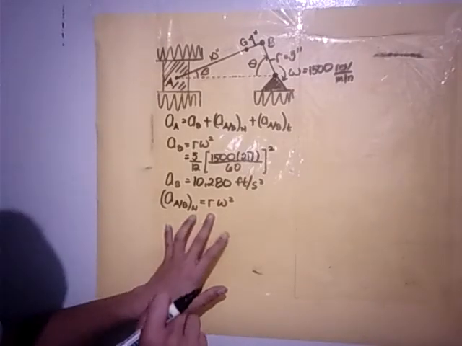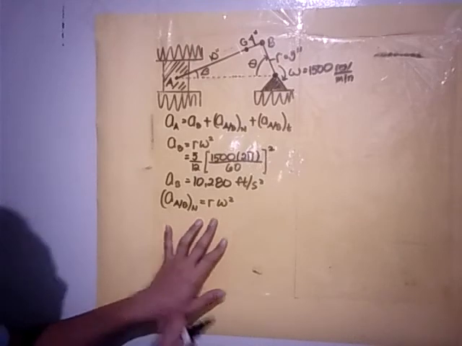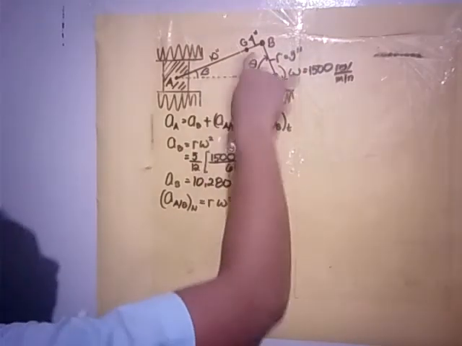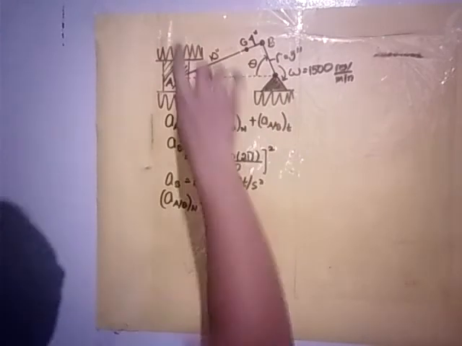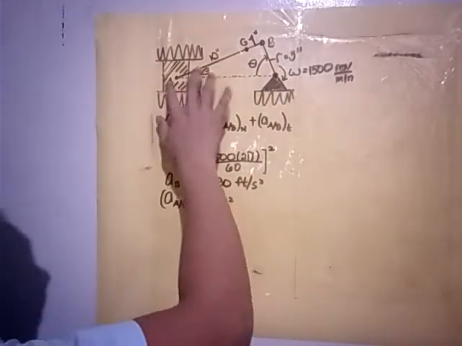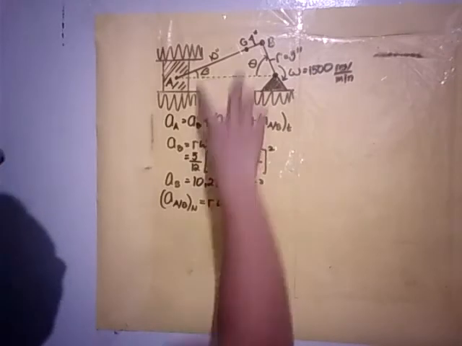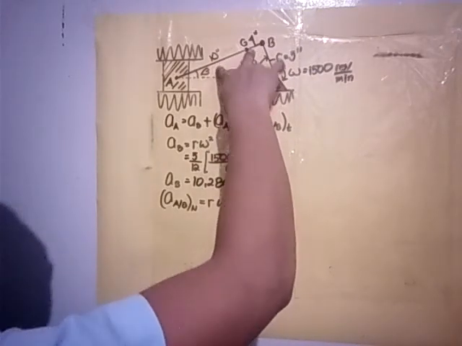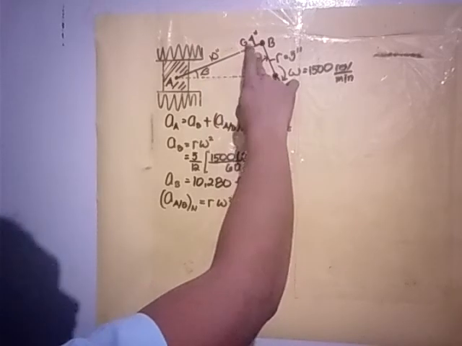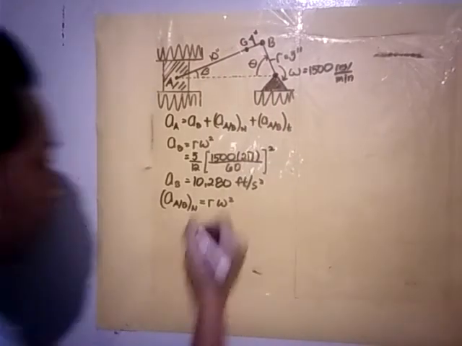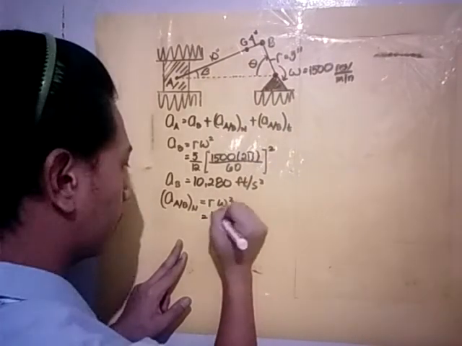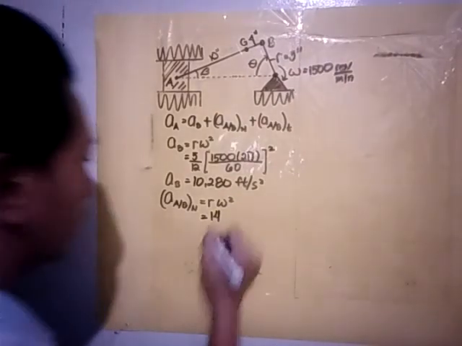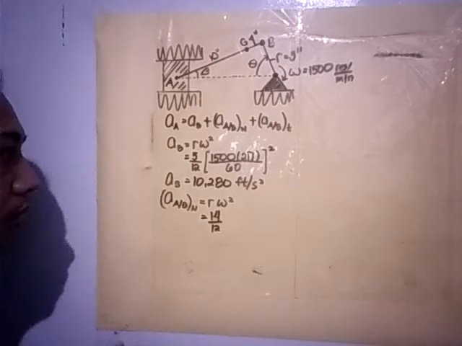Now our radius is 14, because the R here is the line AB, and the measurement for that is 10 plus 4 inches, so 14 inches. I'll substitute 14 inches and divide by 12 to get feet.